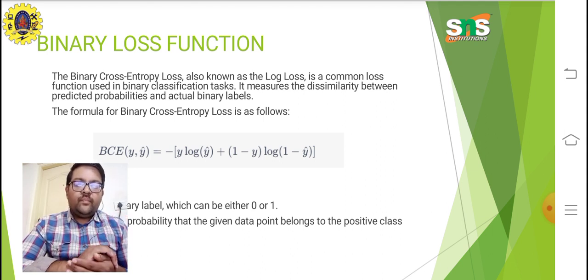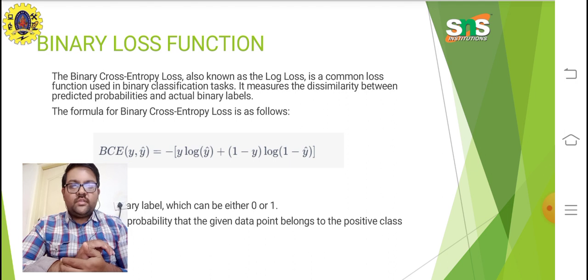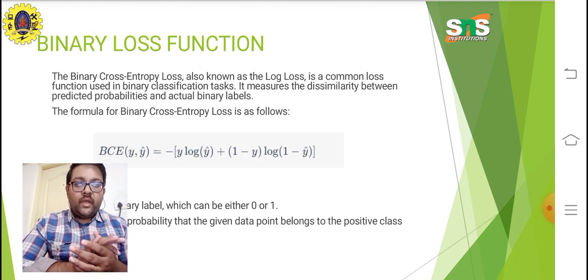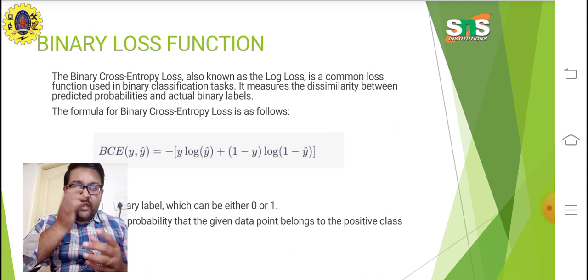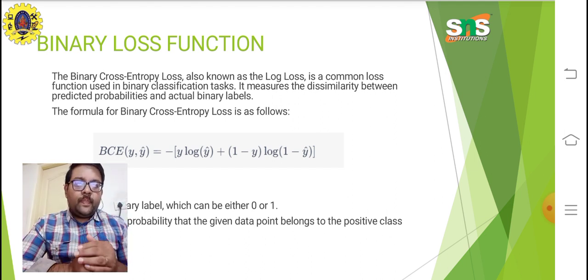The formula for binary cross entropy loss is BCE(y, ŷ) = -[y log(ŷ) + (1 - y) log(1 - ŷ)]. Here ŷ is the predicted value and y is the actual value.